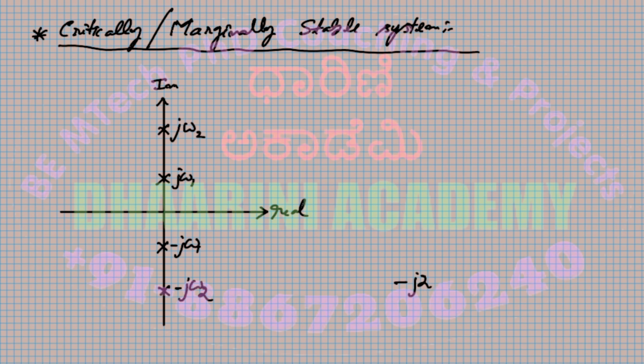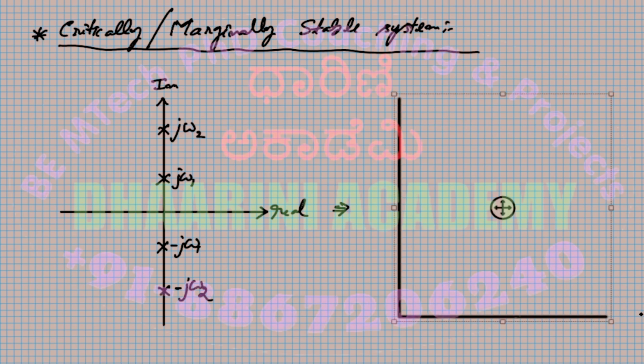No, that cannot happen. This is a case in which we are going to get an output like this. I'll draw the possible output. This is time, this is c of t.